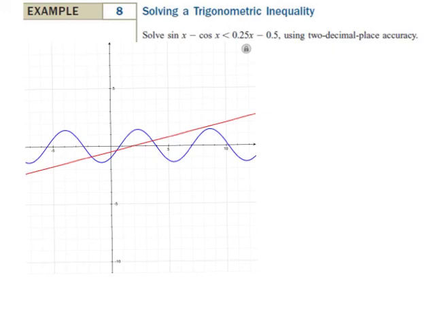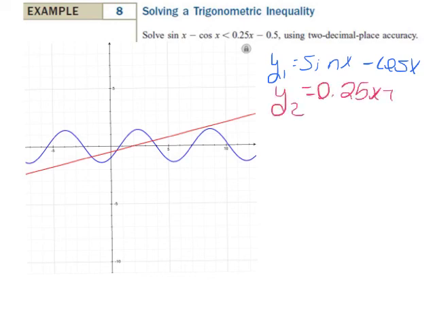So my y1 was sine x minus cosine x, and my y2 was 0.25x minus 0.5. Notice that it says that sine x minus cosine x is less than that line. So that's what you're looking for, where it is less than.